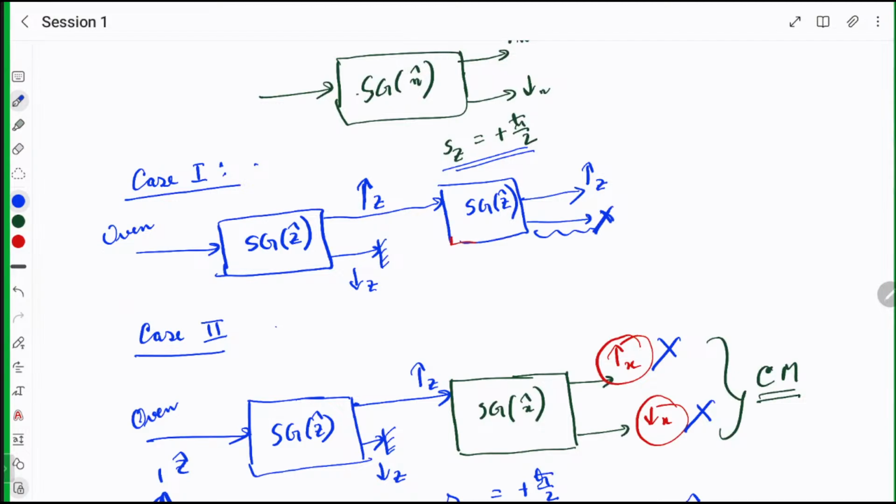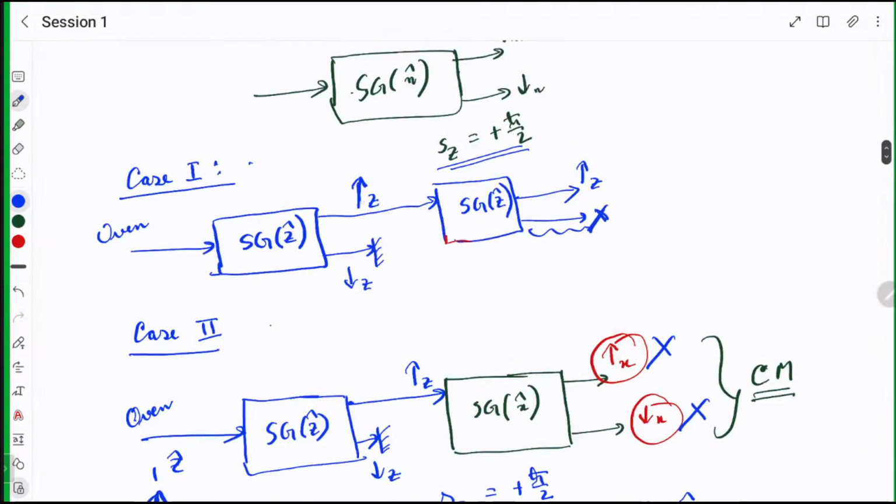Yes, sir. Okay. So this you can understand with classical mechanics only, right? When I am saying that here there is an up Z, what I mean is that SZ is plus h cross by 2. So basically if I write the S vector, it would be SZ Z roof, so plus h cross by 2 Z roof.